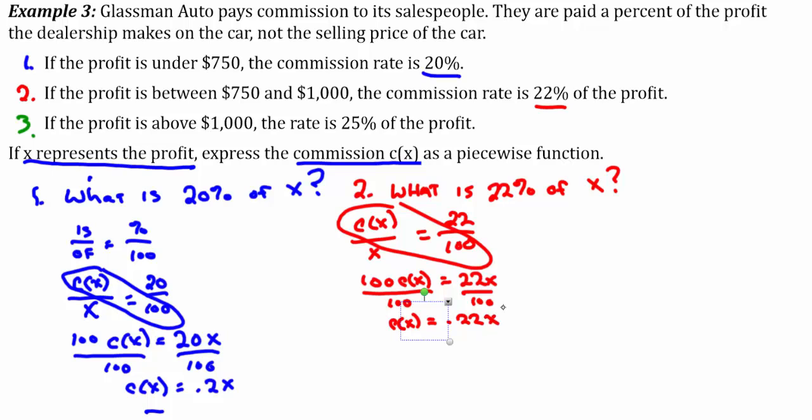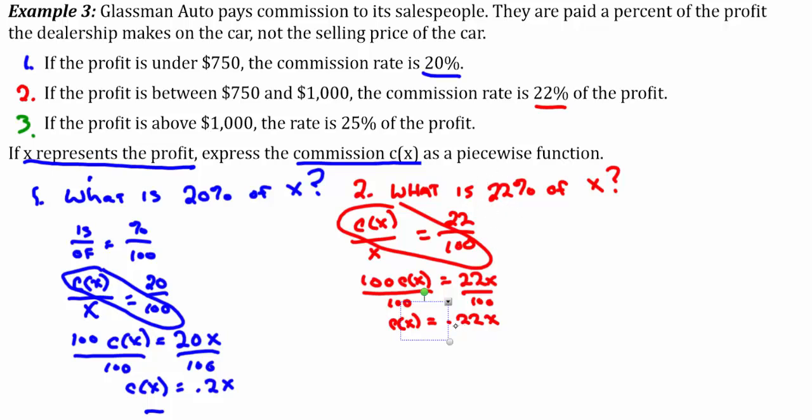Now I'm hoping you're starting to see a pattern here. What is 20% of X? We ended up with C of X equals 0.2x, and 0.2 is the decimal form of 20%. For equation 2, we ended up with C of X equals 0.22x, which is the decimal equivalent of 22%.